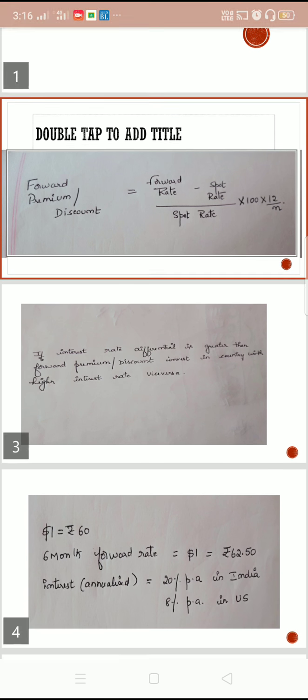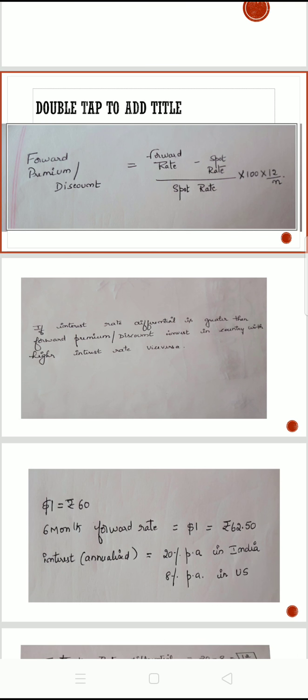For example, in India the interest rate is 12%, in US the interest rate is 8%. So for borrowing it is 12%, and for investing it is 8%.